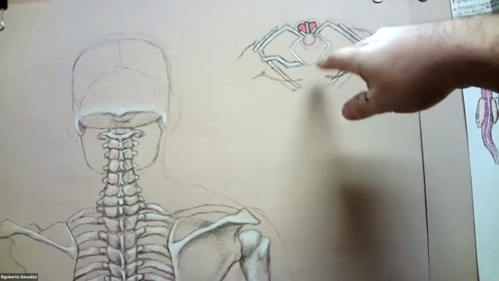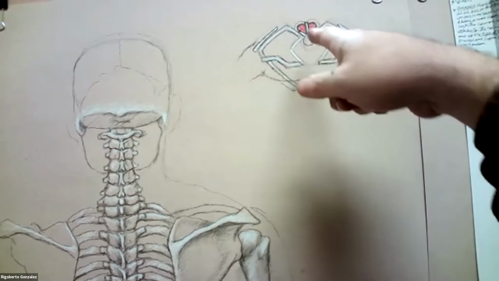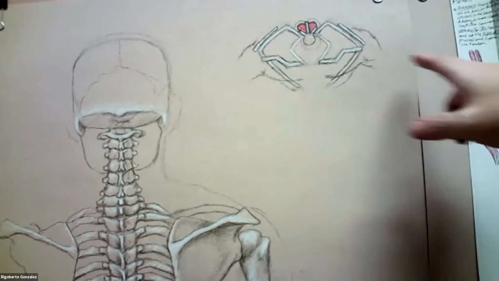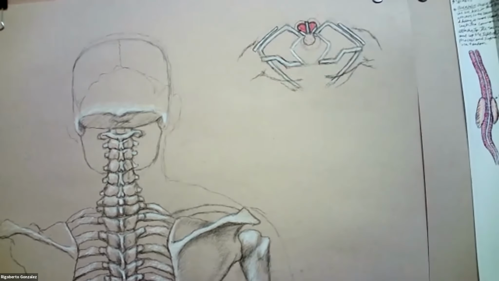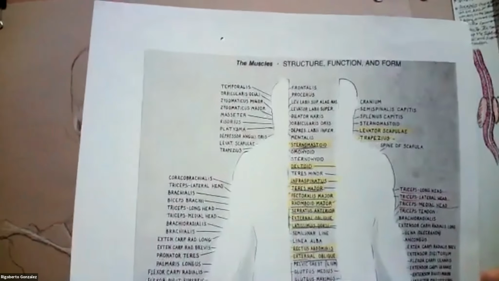That's where the erectors of the spine are going to go. And this red portion that I made is primarily made of a muscle that should be on your notes, that is called the multifidus. Let me see if I can find it there.